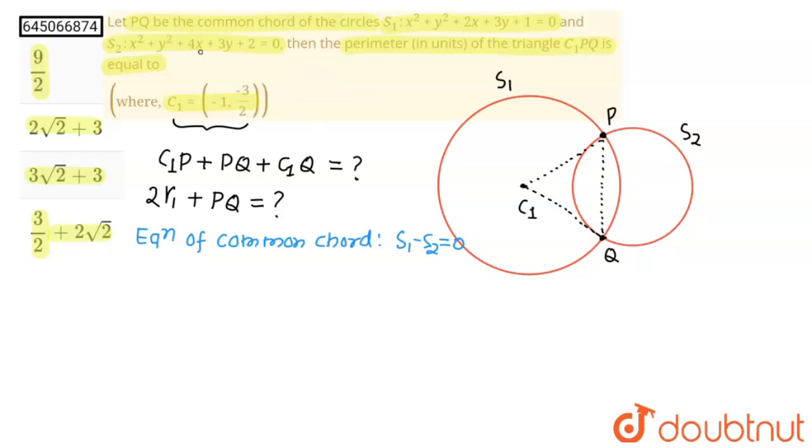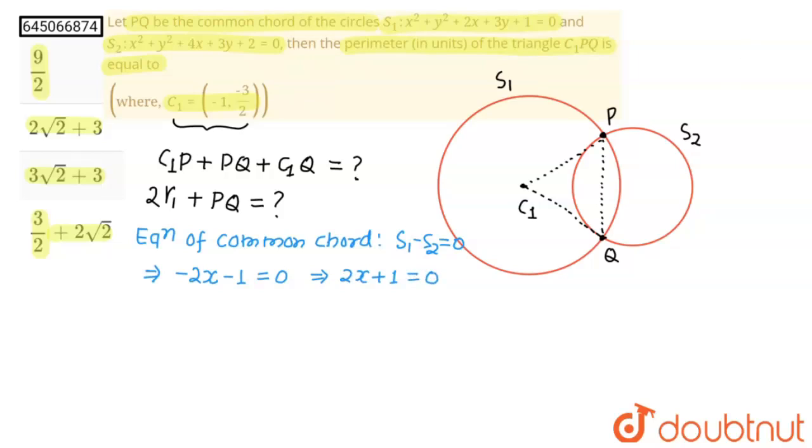When we subtract both, x square will get cancelled out, y square will get cancelled out, 2x minus 4x will become minus 2x. 3y minus 3y will become 0, 1 minus 2 will become minus 1 equals 0. And from here we'll get 2x plus 1 equals 0.